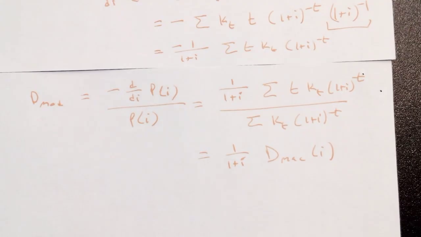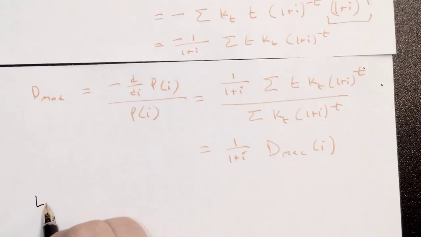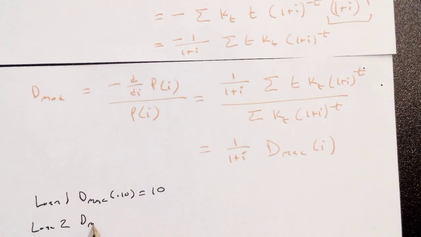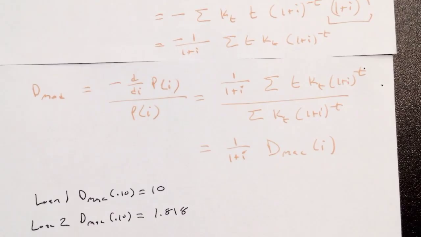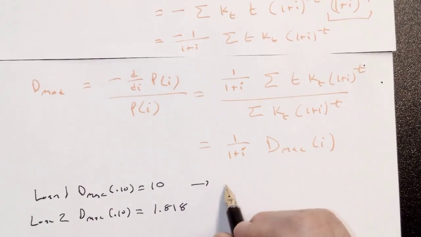Matter of fact, we have two loans, right? We have loan 1 and loan 2. Loan 1 had a Macaulay duration of 10, and loan 2 had a Macaulay duration of 1.818. So let's look at the modified duration.